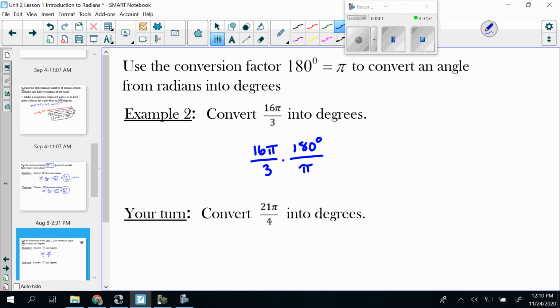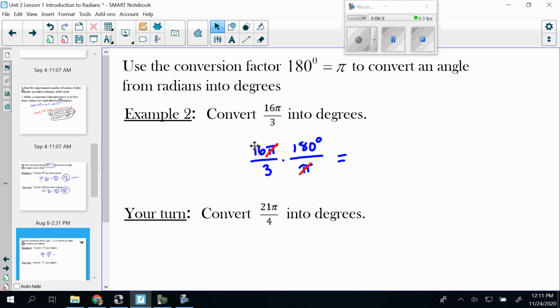These ones are actually fairly easy to simplify here because now when we simplify there, pi cancels out, and we just have to simplify out now this fraction. And so what does this fraction simplify to? You can do 16 times 180 and divide by 3 and see what that gives you.